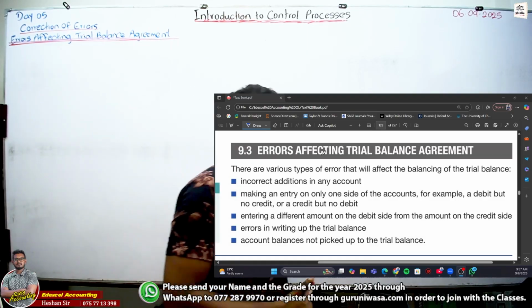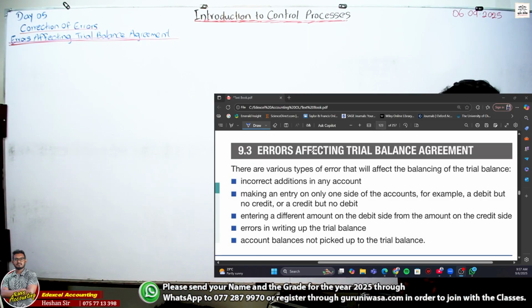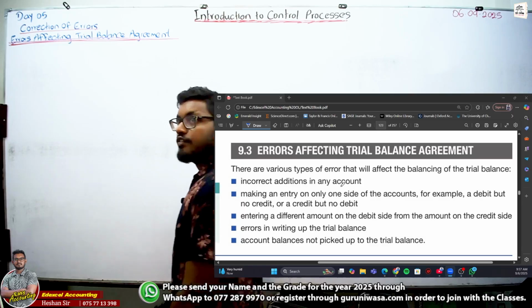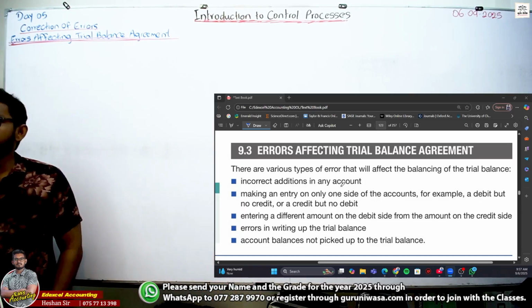Errors affecting trial balance agreement. There are various types of errors that will affect the balancing of the trial balance.